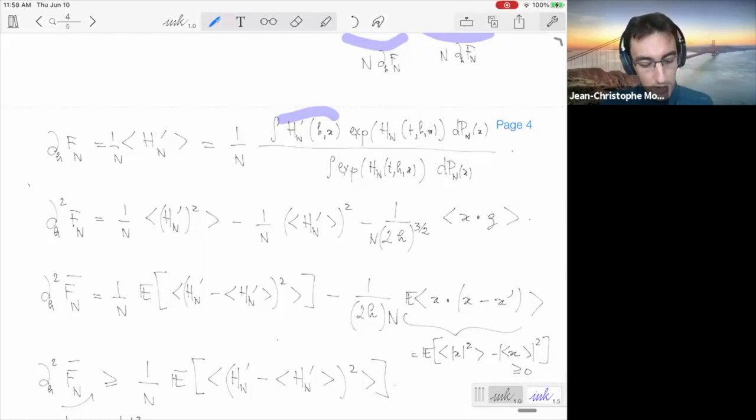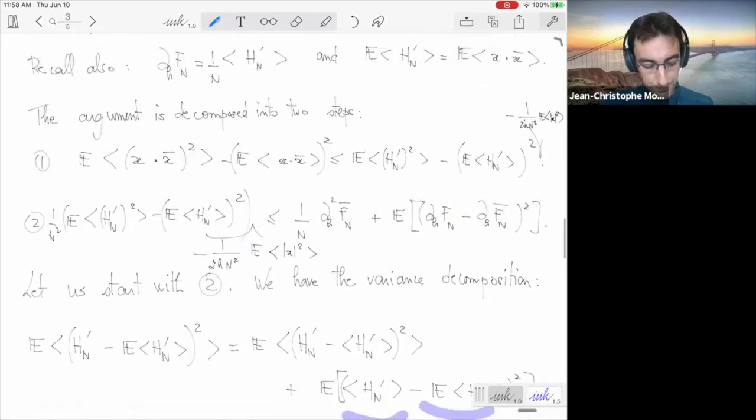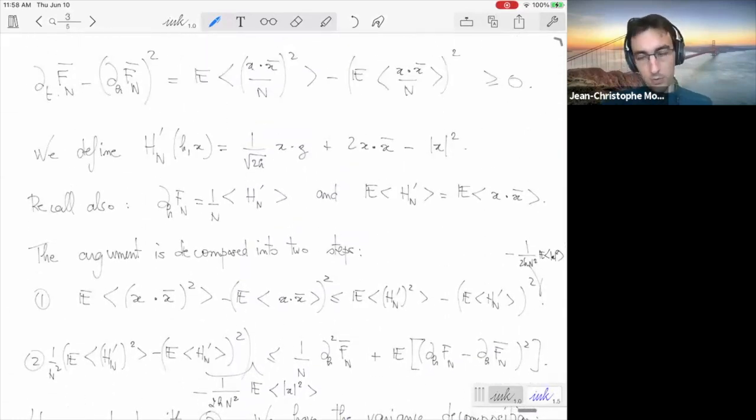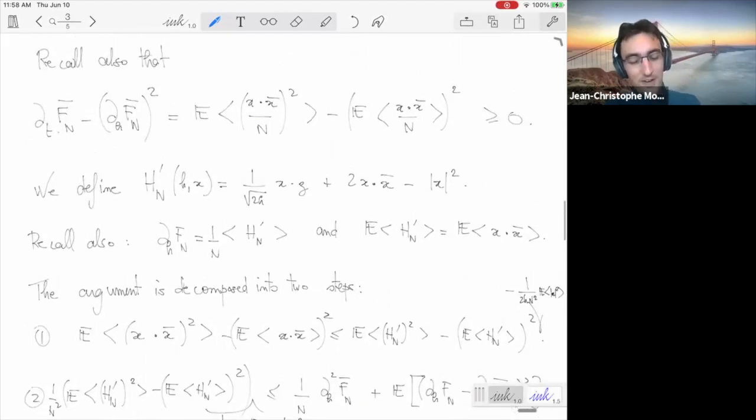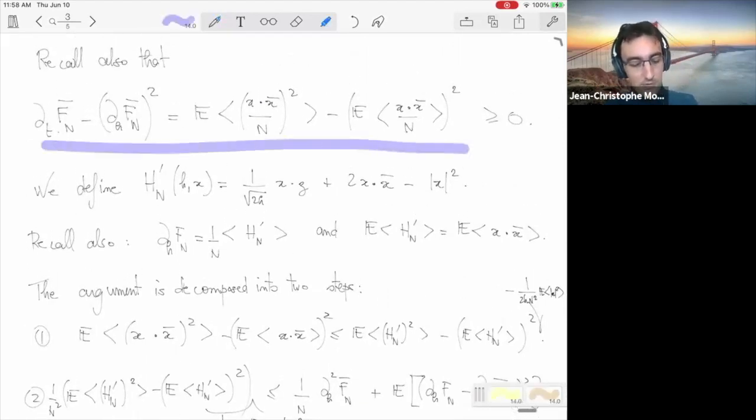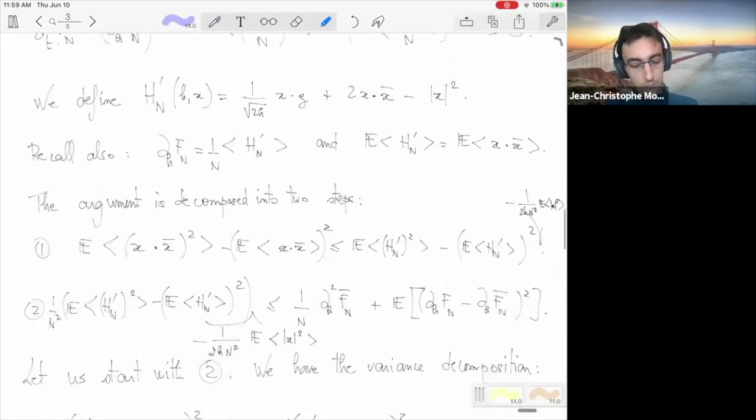Okay, so let me summarize where we're standing so far. So far it's not so long, I think. So far it's okay. Now the computation is going to occur. But so far we started from this observation. The equation, the guy on the right hand side is the variance. And we said, okay, we're going to decompose the variance into two parts.